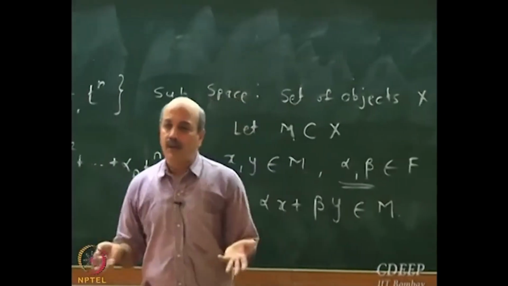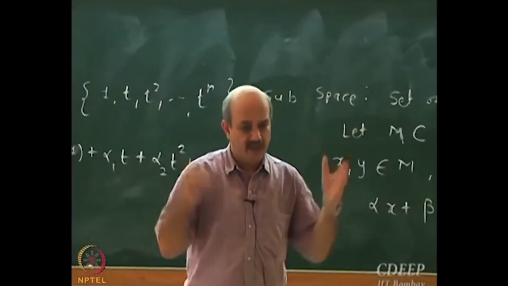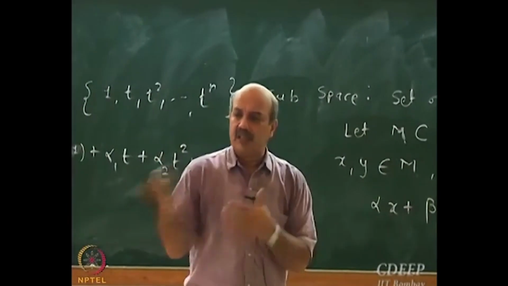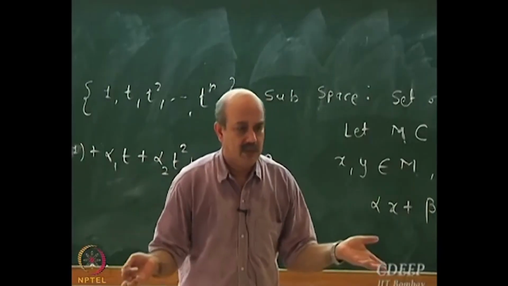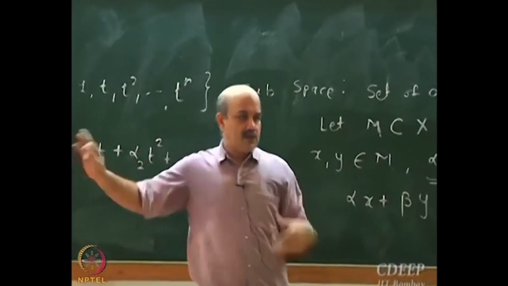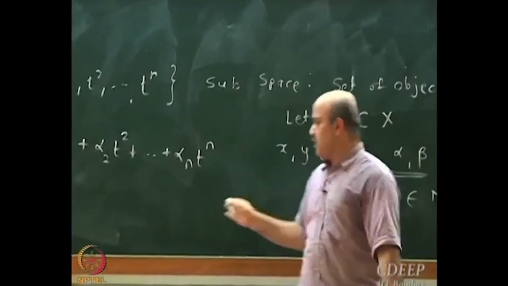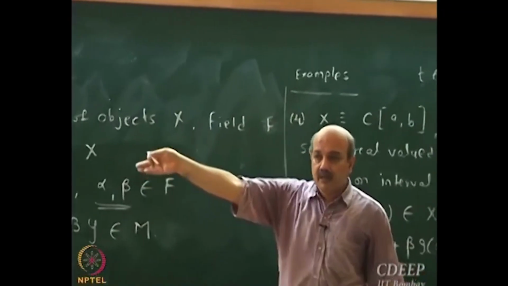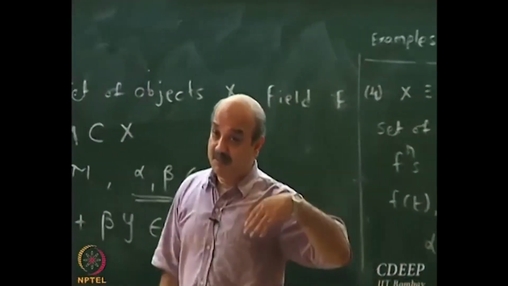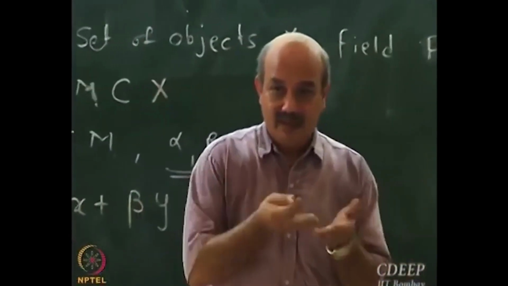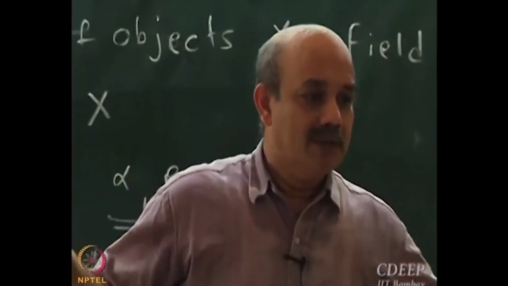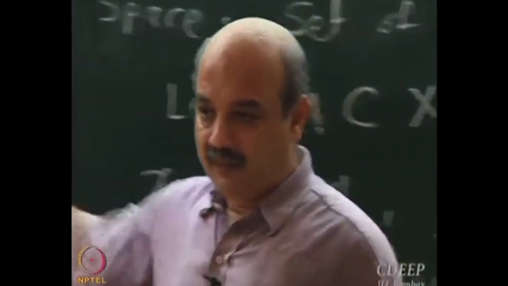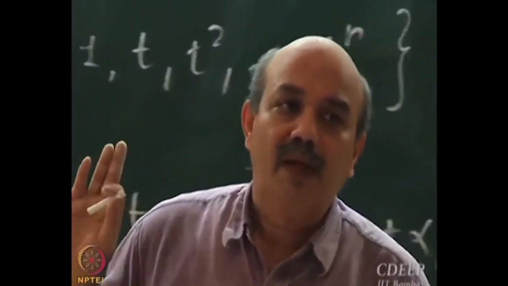If you take a finite order polynomial and add to it another polynomial, you're going to get a finite order polynomial. All these properties will hold for the set of polynomials, and then you can show that this is a subspace. The zero element will be there, the zero function, the zero polynomial. All the things that you need will be there in this set.